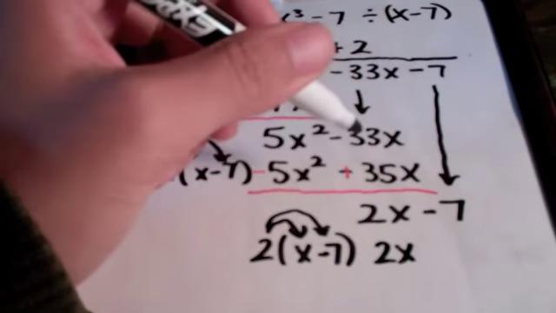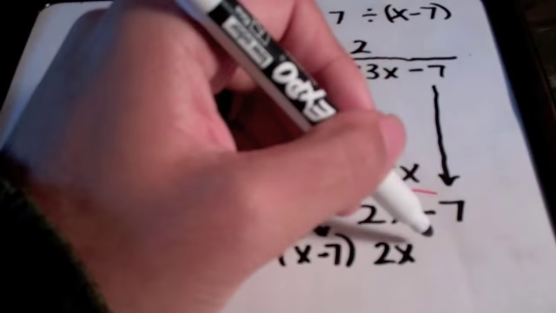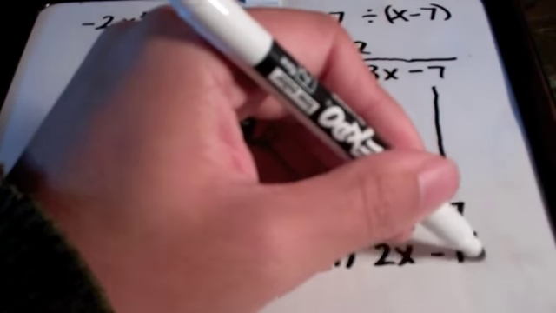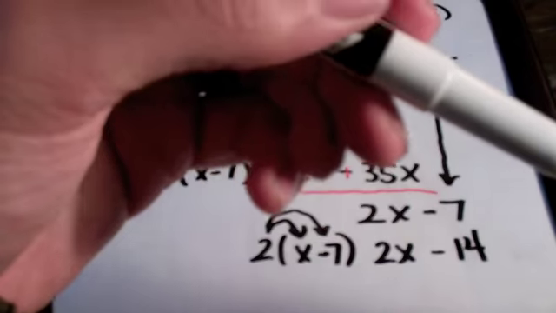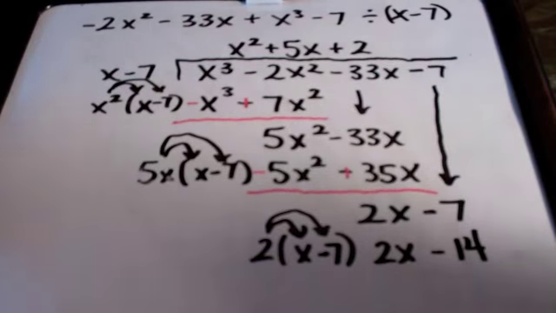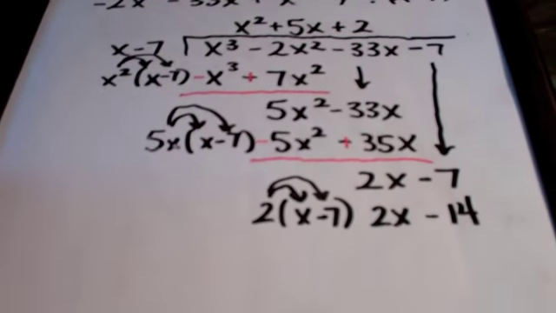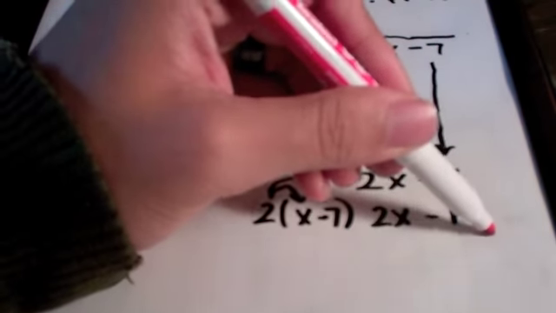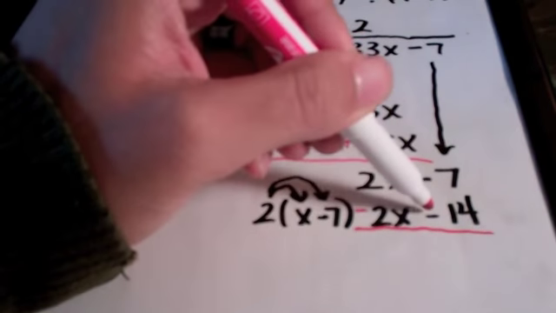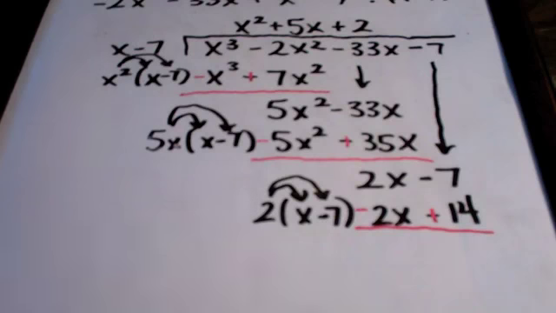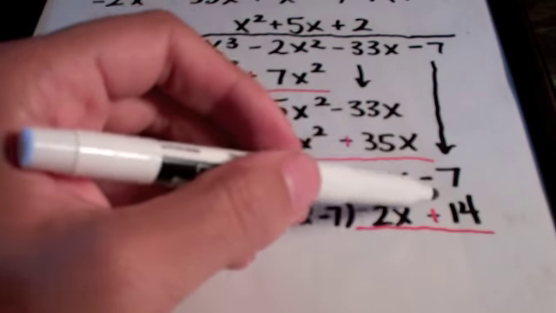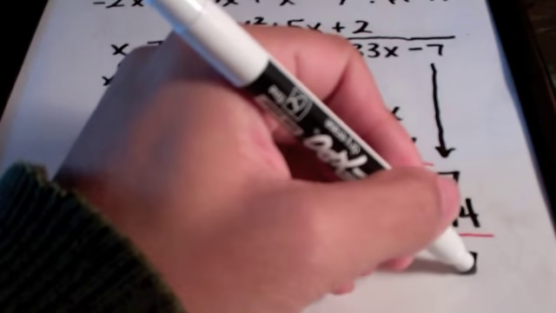And 2 times negative 7 is going to be negative 14. Once we have our two terms, we can draw a line, change the signs, that becomes negative, that becomes positive. We have a positive 2x minus 2x, that's 0. And negative 7 plus 14 gives us positive 7.